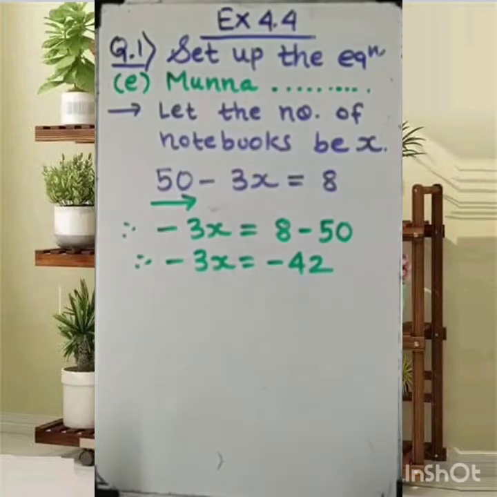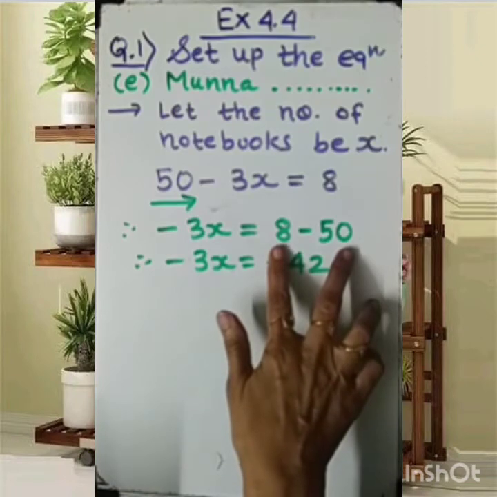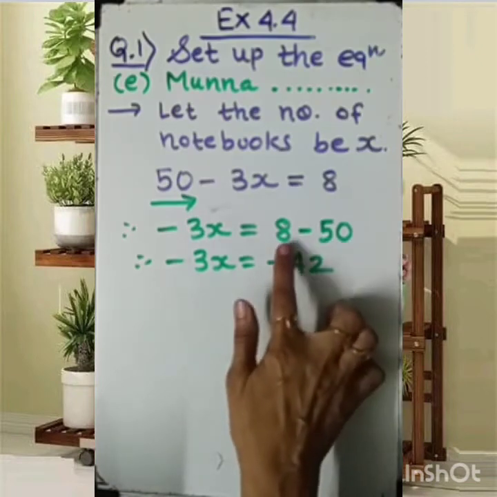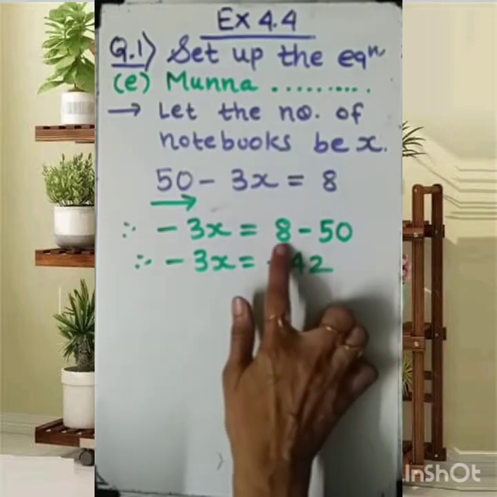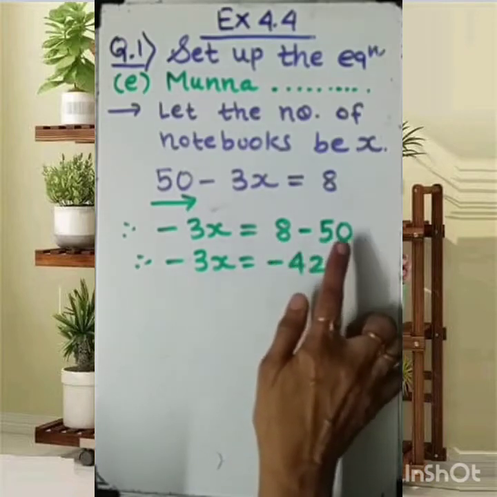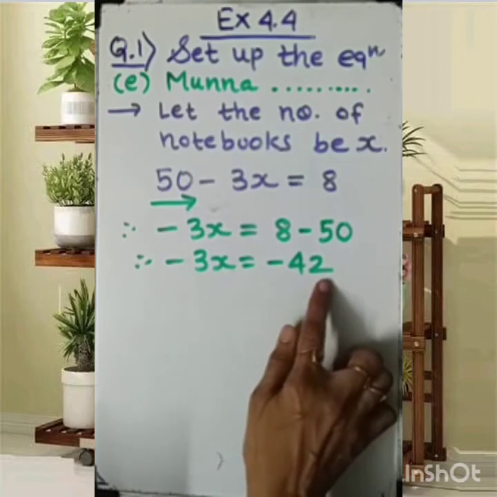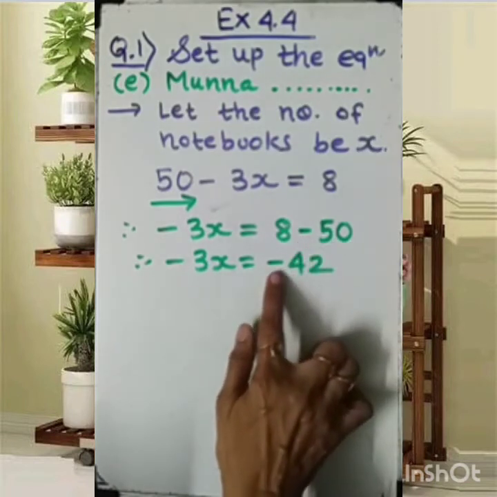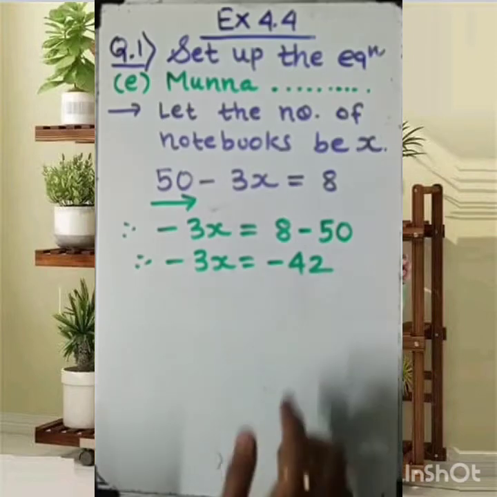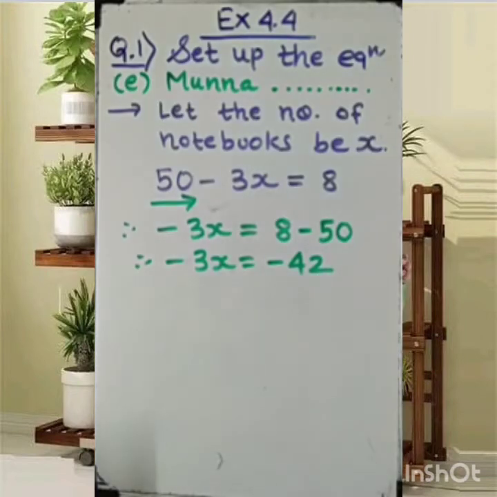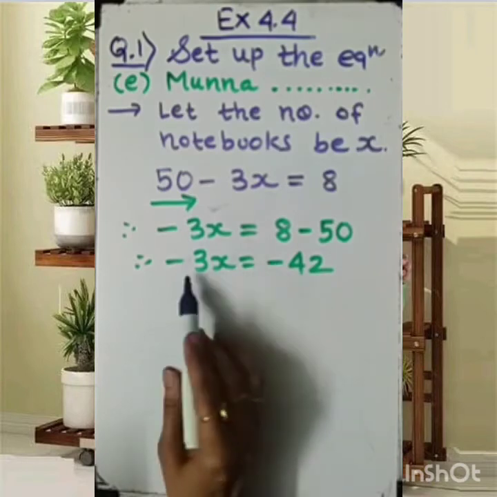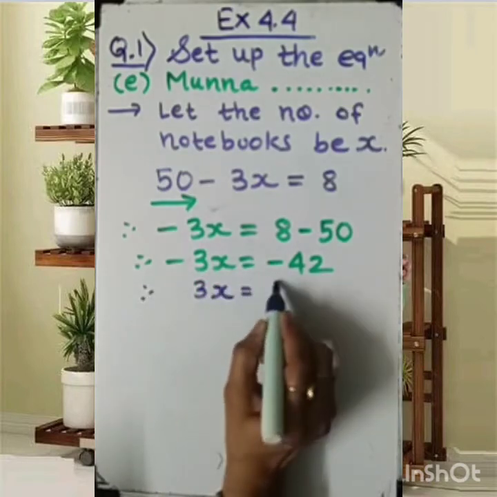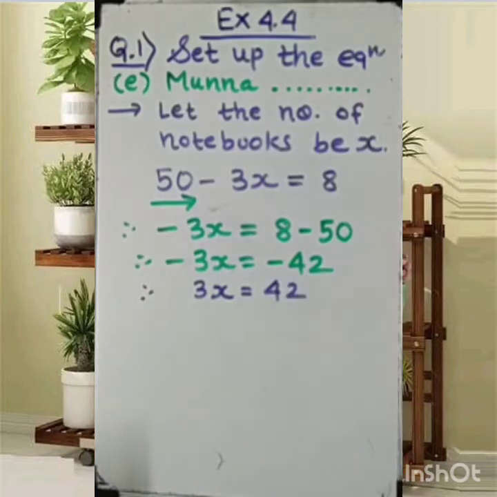Because with the opposite sign numbers we have to subtract, and from big number to small number we need to subtract. The small number is 8, which we are subtracting from 50, that is 42. But the big number's sign is negative, so here it is negative. So my dear student, the negative sign on both sides is removed. So in the next step, you need to write 3x equals 42 only.